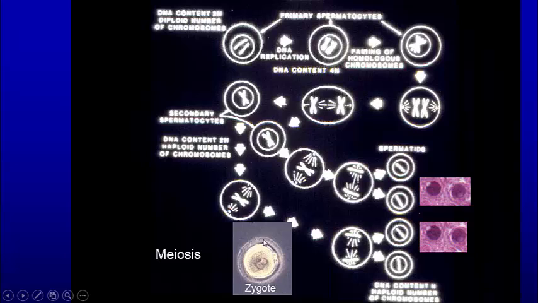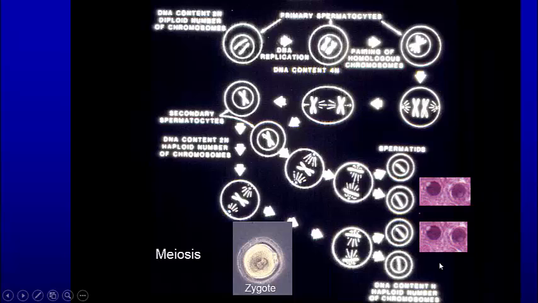There's really no counterpart to an ootid, because when it's fertilized, it's a zygote already. So it goes from a secondary oocyte to a zygote. So a little difference in the male and female reproductive system.